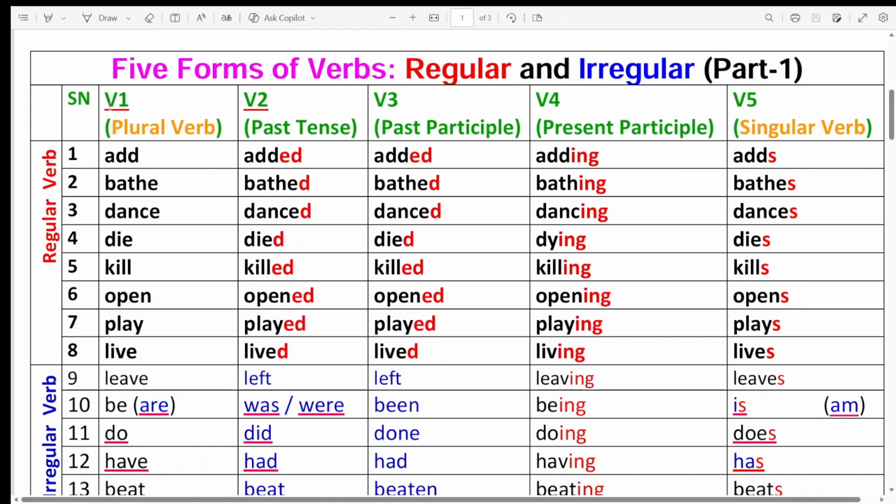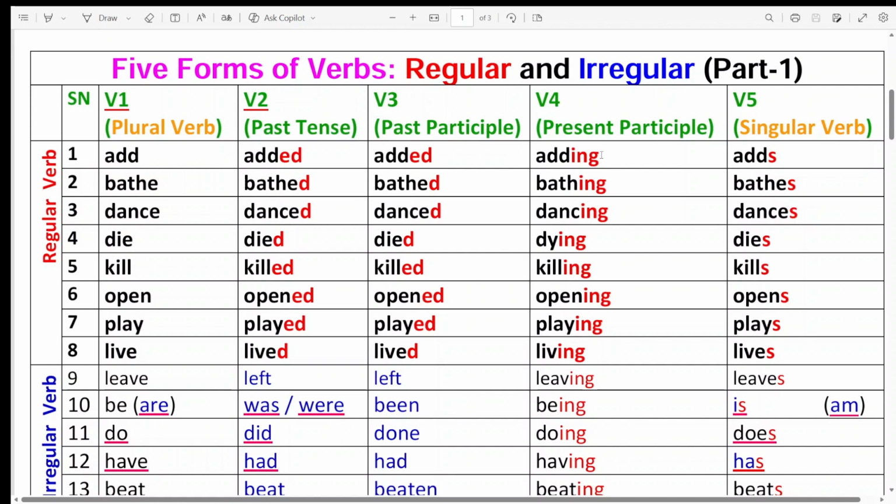V1 is the base form, the root form of the verb, like add, bathe, dance, die, kill, open. They are the base forms. V2, past tense: added, bathed, danced, died, and others. Likewise, V3: added, bathed, danced, like this.